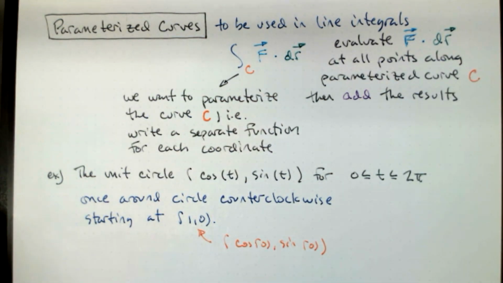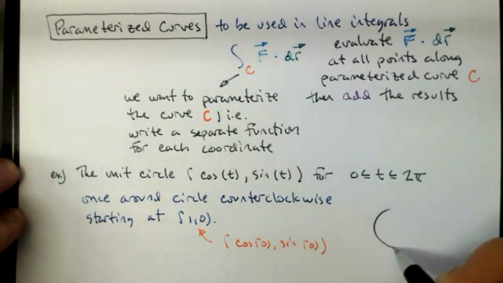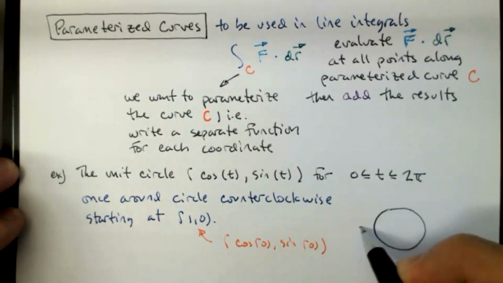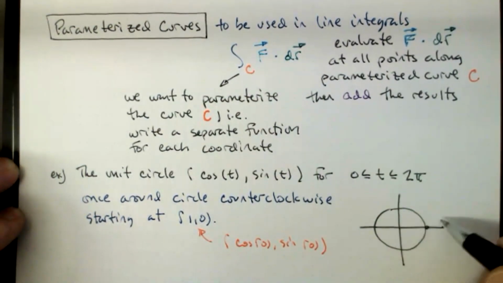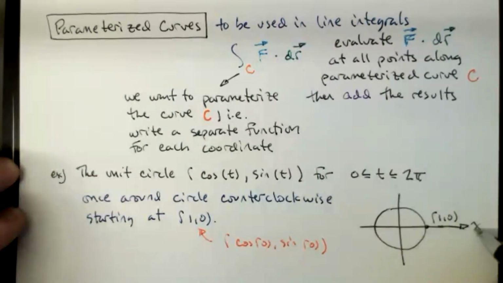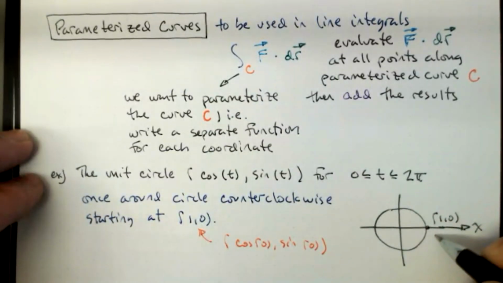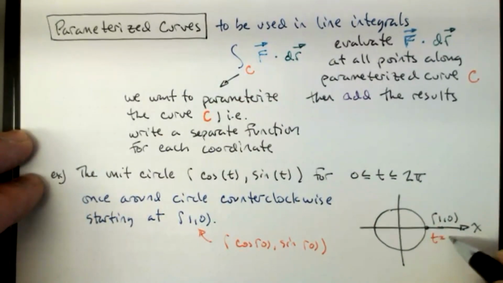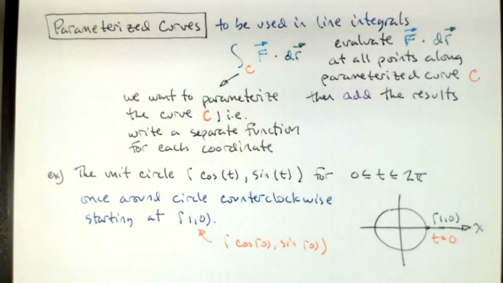We get all these points going around the unit circle. Here, the point 1, 0, where we're starting, is when t is equal to 0. The next point we head to that would be easy to evaluate is at t equals pi over 2.